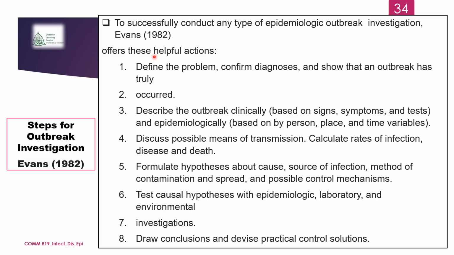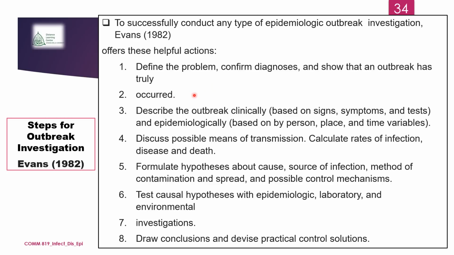One of these is you need to define the problem. That's like the case definition. You need to define what problem you are trying to investigate. You need to confirm the diagnosis, whether the problem actually exists, and show that an outbreak has truly occurred.